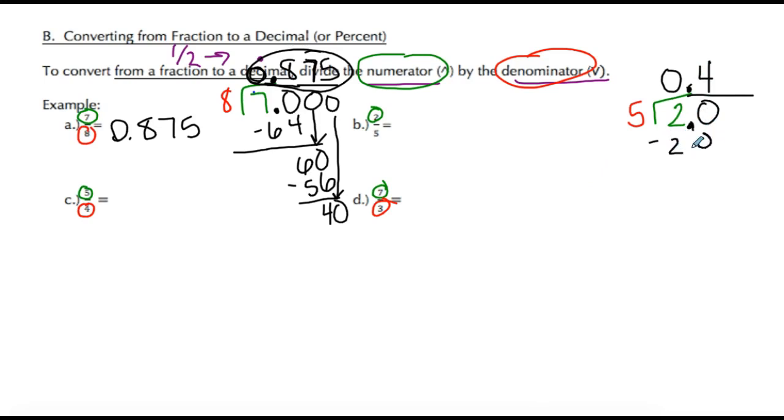When I subtract 20 and I have a remainder of 0, this is good because it means we're all done. So my decimal is 0.4, or 4 tenths.